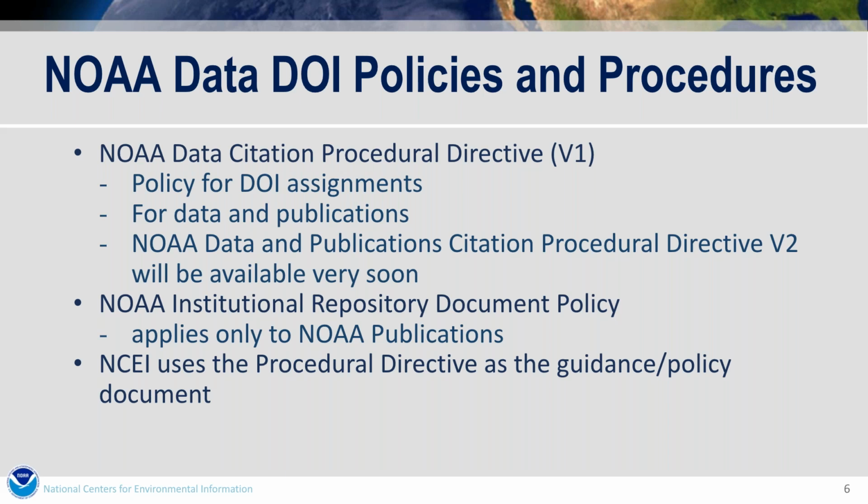Jenn mentioned last time in her briefing that there was an institutional repository document policy, which is really good, and that applies to NOAA's publications. NCEI doesn't really have an equivalent to that. We simply use the guidance and policy definition that's in the procedural directive itself as our policy document. So we don't have a separate implementation plan or implementation policy that's equivalent right now to what the library uses for publications.